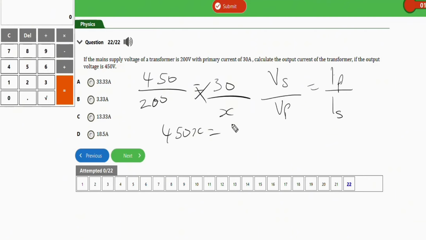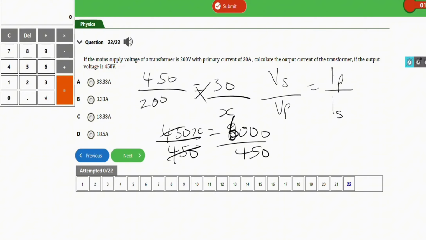Sorry, this will give you 6,000, not 9,000. Alright, divide both sides by 150. So our x will be 6,000 divided by 150. So we have it to be what? 13.33. The right option is option C, 13.33 ampere.